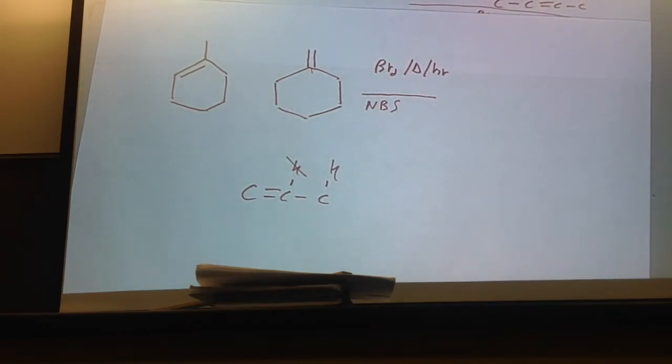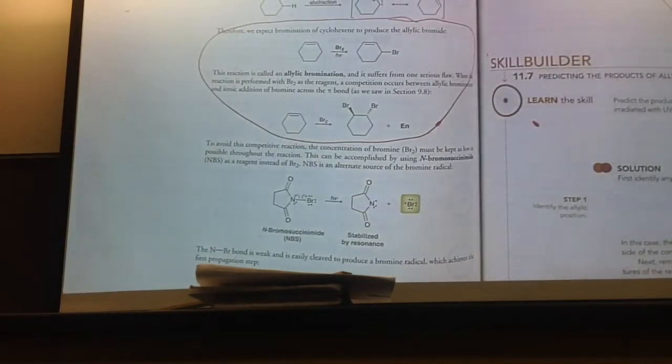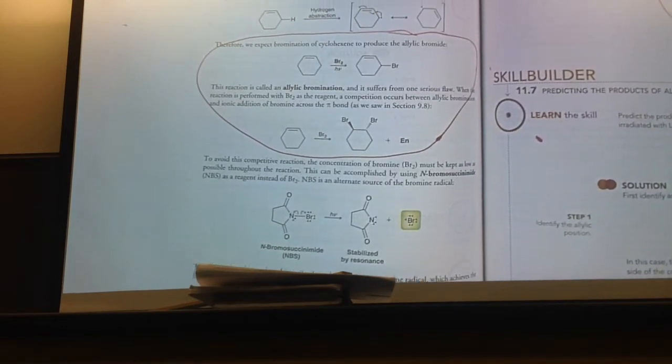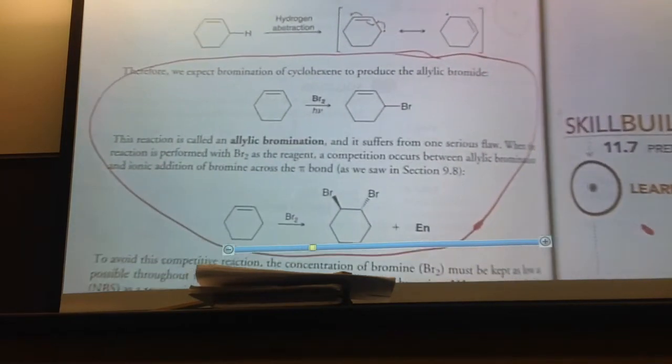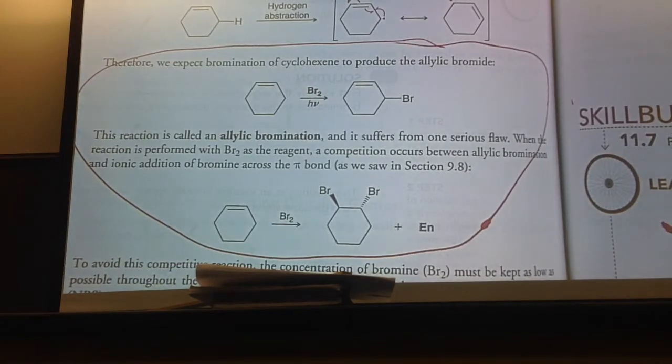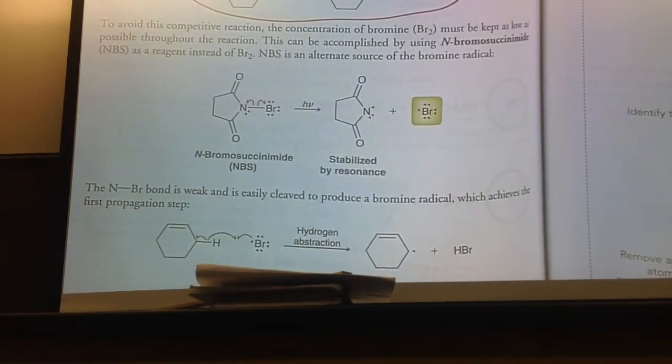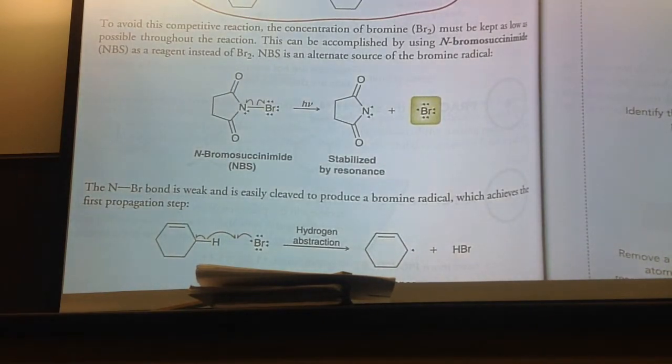We won't worry too much about it. Just be on the lookout for that. So you can add bromine and heat or light to get substitution. Or this is N-bromosuccinimide, they shine light and get bromine. So, don't worry about that. Okay.